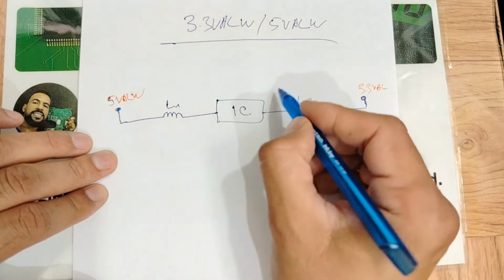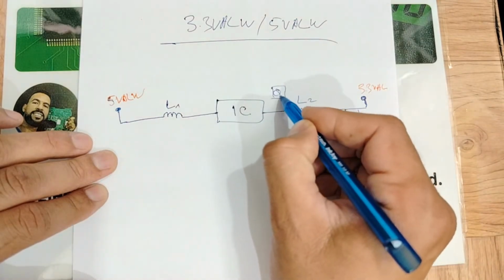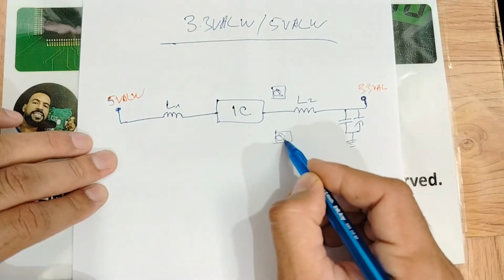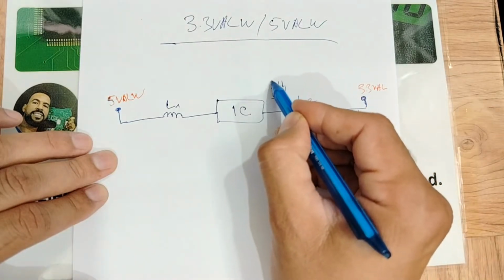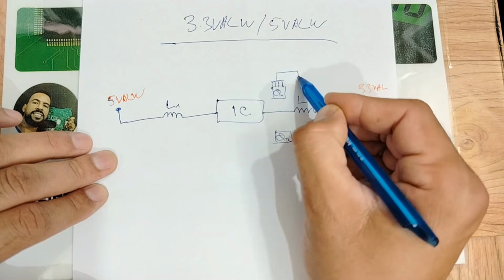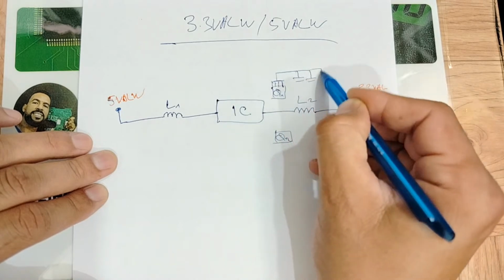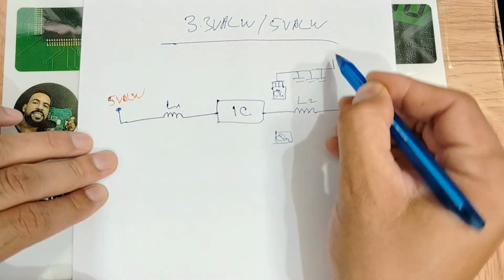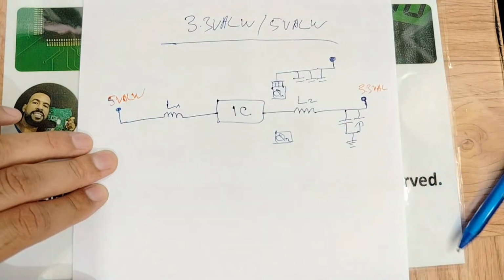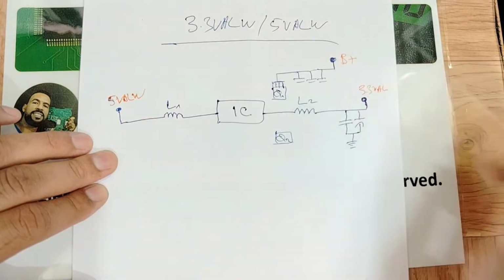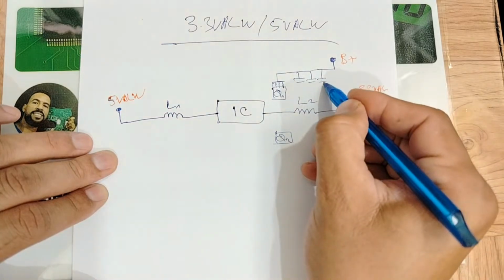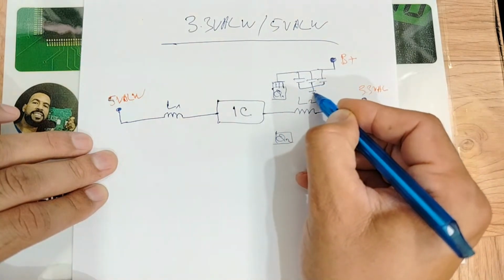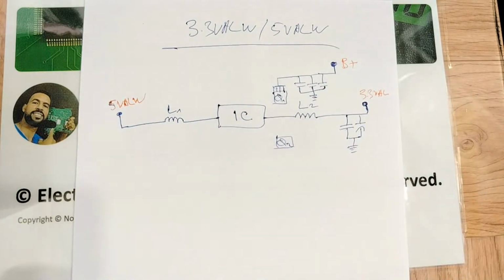Okay, we have inductor. We have here 2 MOSFETs, Q1 and Q2. Basically, Q1, my friends, the drain is always connected to 3 ceramic capacitors here, and those are connected to B plus, the main voltage, and here connected to the ground, the same as we have here, my friends.